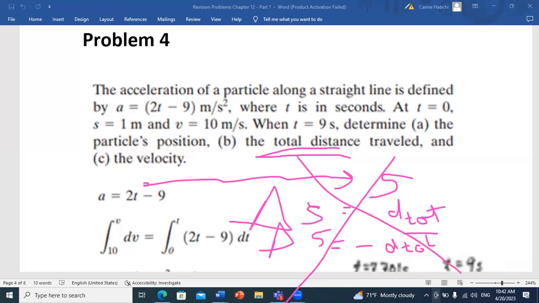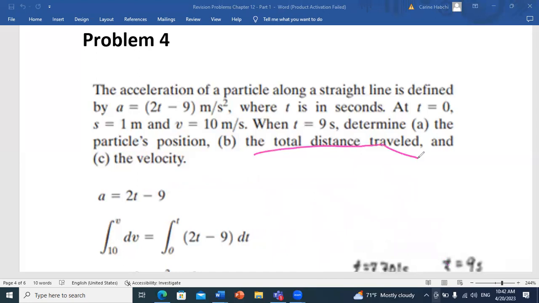So whenever they ask you to compute the total distance, you should draw the path of motion to know when it went in the positive direction and when it went in the negative direction. How can you do this? Who tells you when it goes positive and when negative? The sign of V. Exactly, the sign of V. So here the first step will be to get V as a function of time, S as a function of time, and study the sign of velocity.